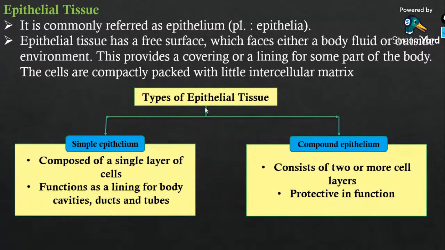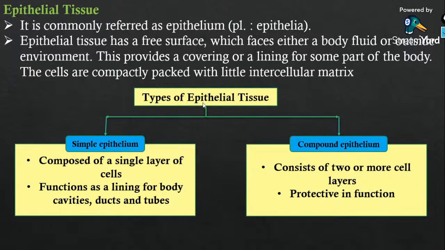Epithelial tissue has a free surface, which either faces the body fluid or some parts outside the body. This provides a covering or the lining for some part of the body, and these cells are compactly packed with very little intercellular matrix.